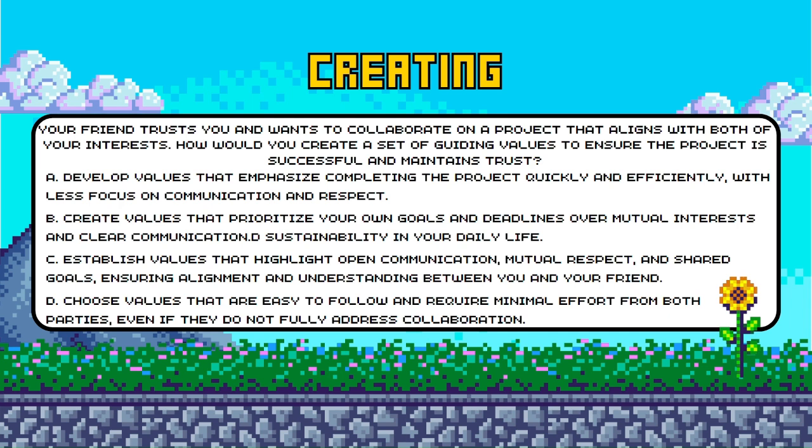In this question, your friend wants to collaborate on a project, how would you create a set of guiding values to ensure the project is successful and maintains trust? This question asks students to generate a set of values which involves synthesizing knowledge, problem solving, and creative thinking. Students must integrate their knowledge into creating a new set of guidelines. It's like generating new ideas or products.